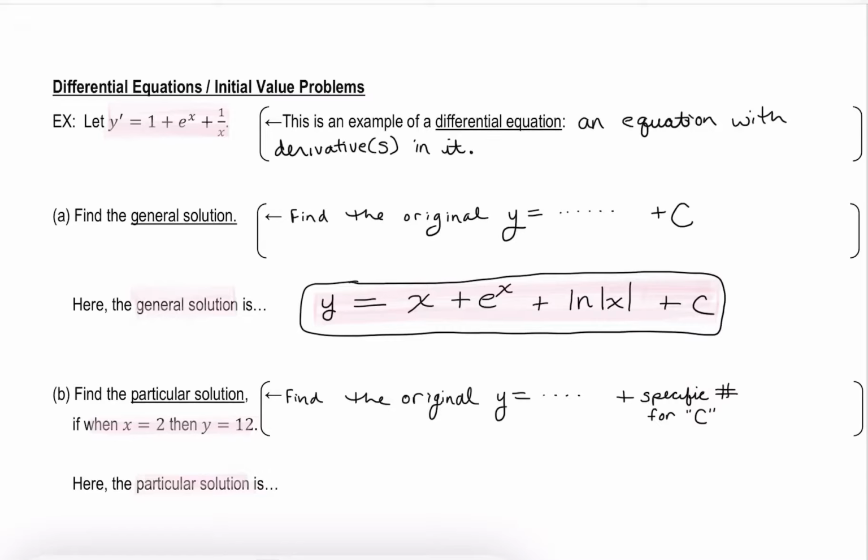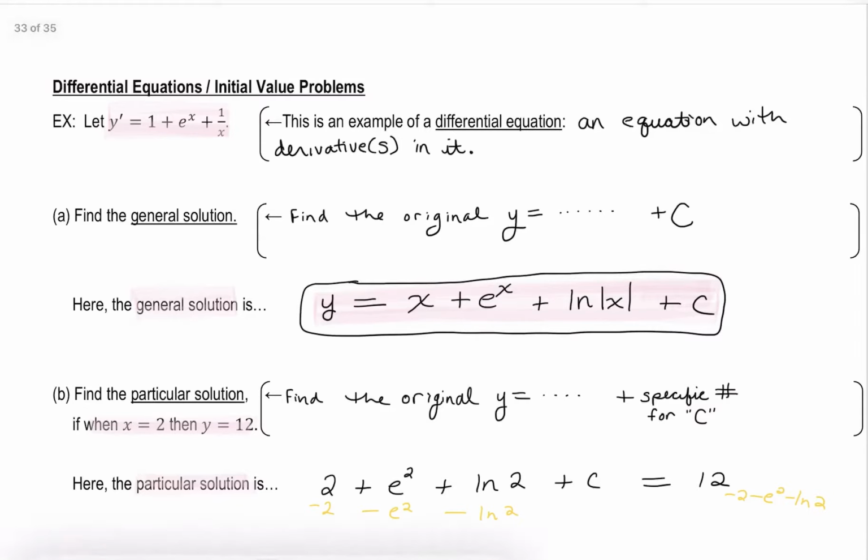So we are going to have in for x is the 2 plus e to the second, plus natural log of the absolute value of 2 is just 2, plus that arbitrary constant is equal to the y value of 12. And so we are simply solving for C here. So we just have these constants to subtract over to the other side.